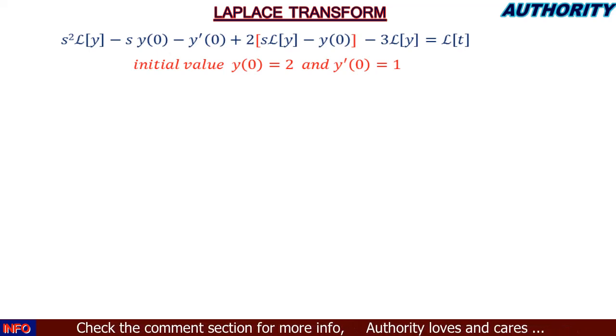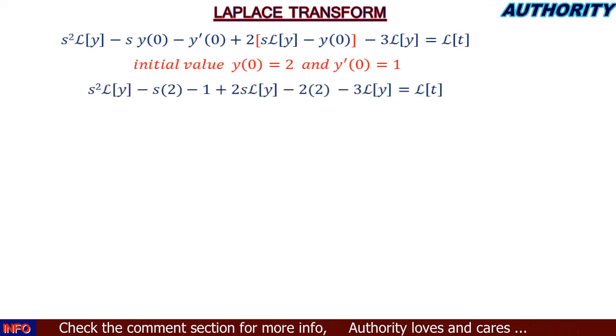Now, we have s² times the Laplace transform of y, minus s y(0), and y(0) is 2, so we say s(2), minus y'(0), which is 1, so minus 1, plus 2s times the Laplace transform of y.